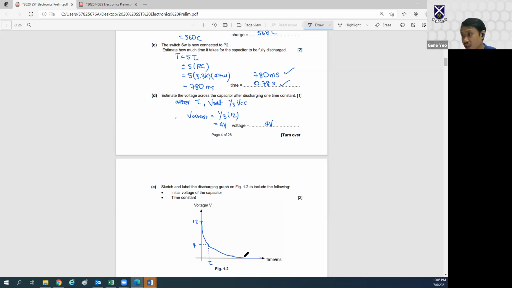And then once it reaches over here, this is my 5 tau.